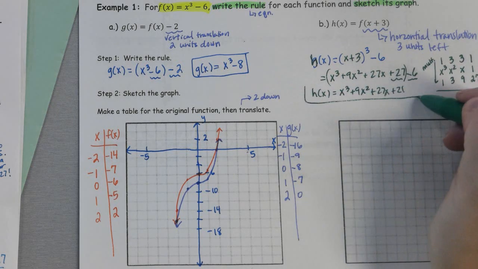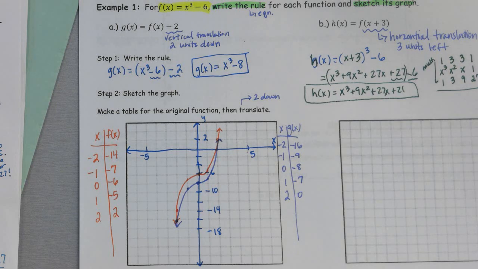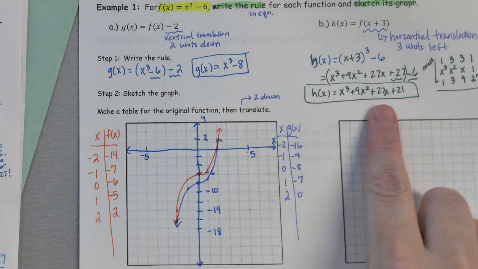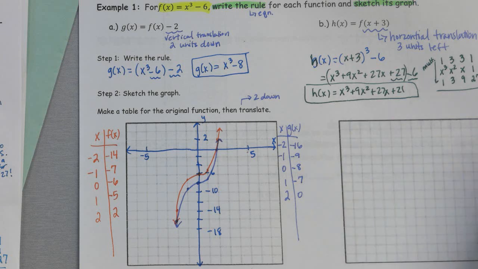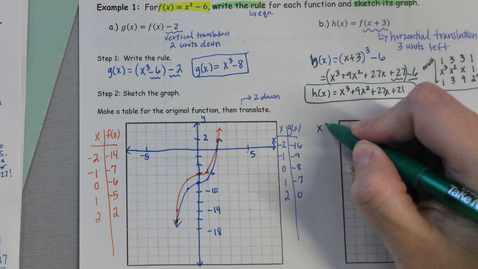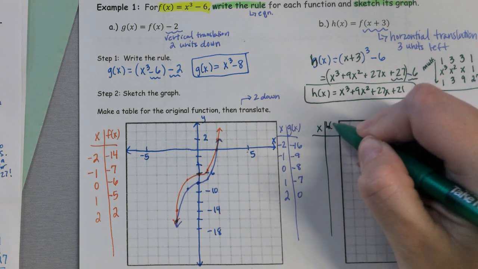So again, if you wanted, you could plug this into your graphing calculator and you could find your points using your table. That's perfectly fine. Okay, you can do that. Or we can think about the transformation, right?